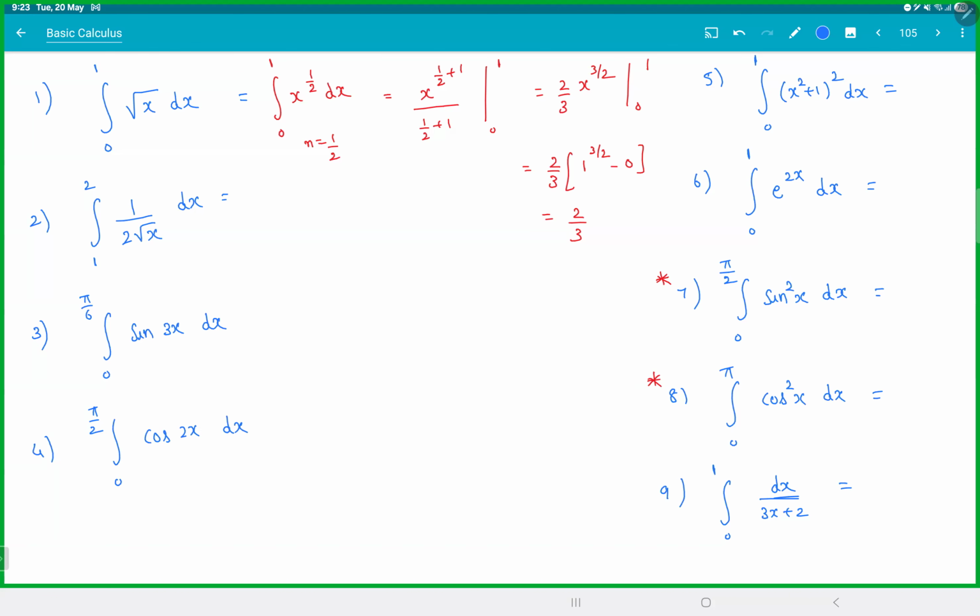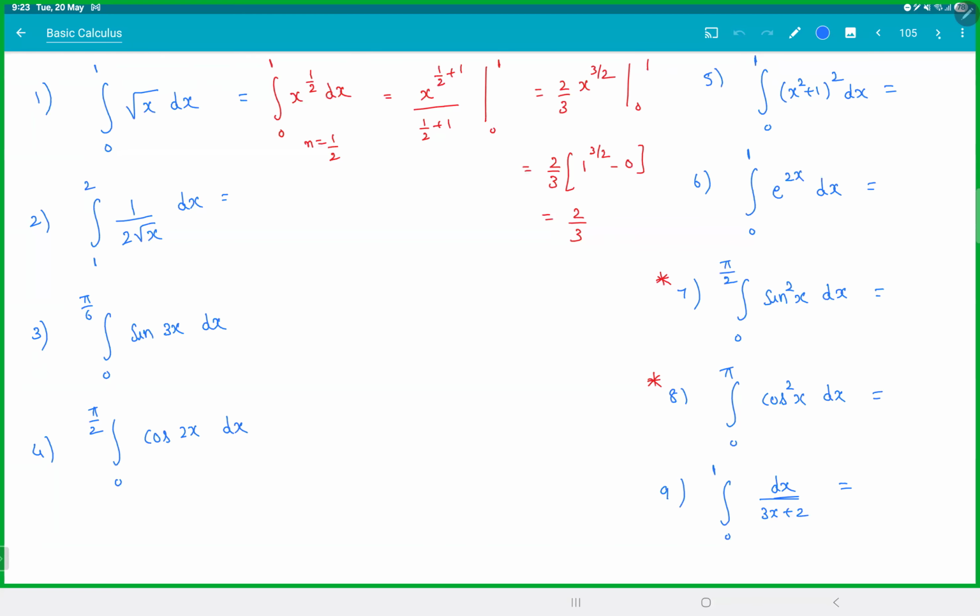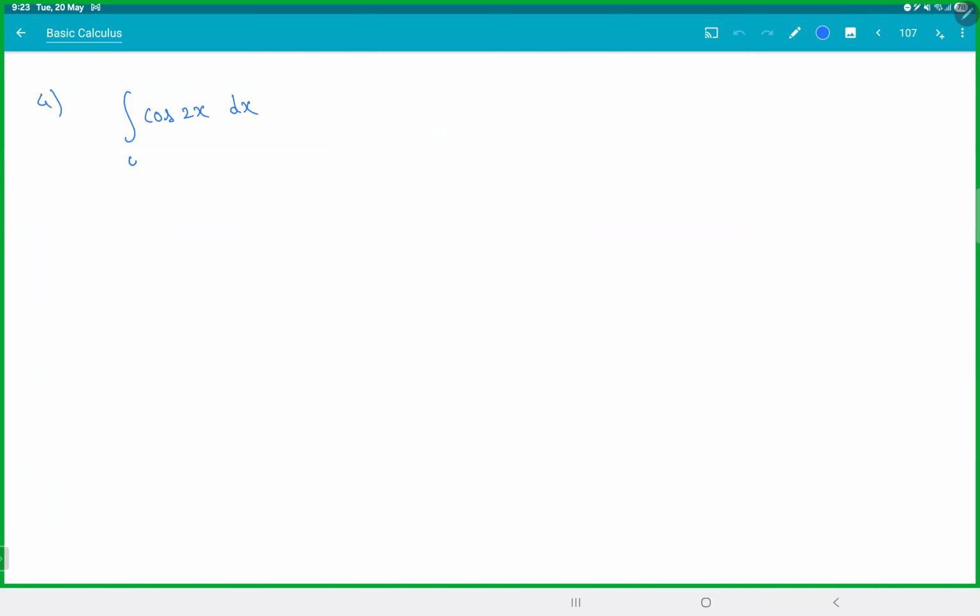Let's see the fourth one. Integral cos 2x dx. Limits will go from 0 to 90. Again, this guy is looking like cos(ax + b). A is equal to 2 and b is equal to 0.